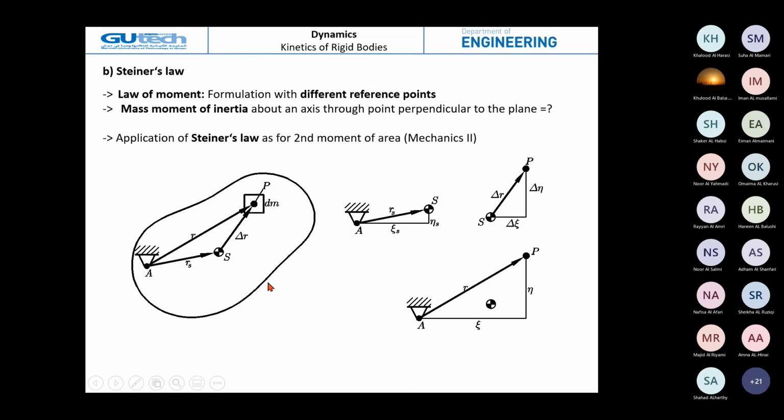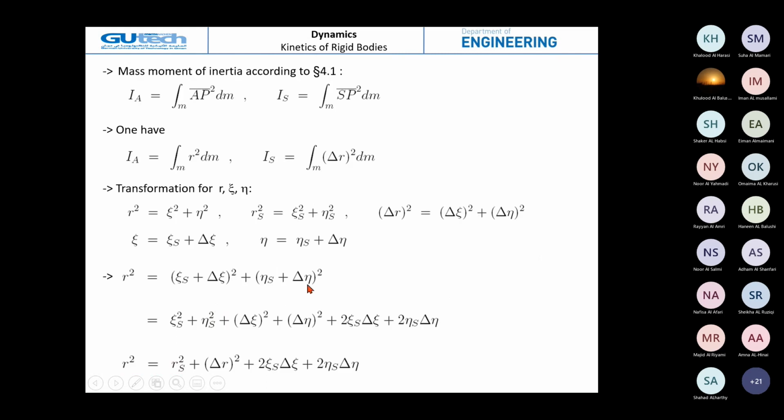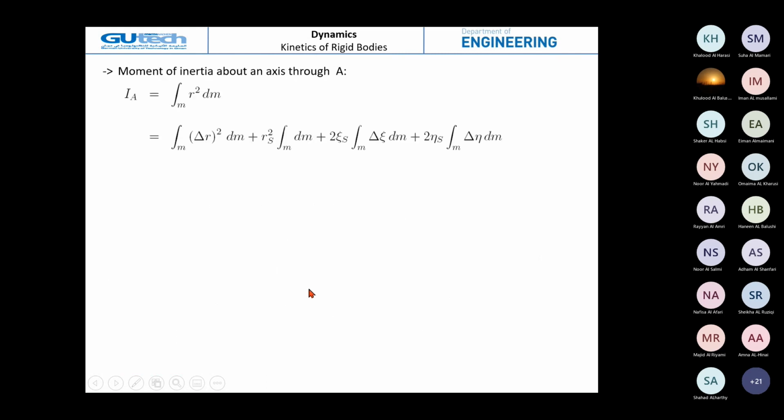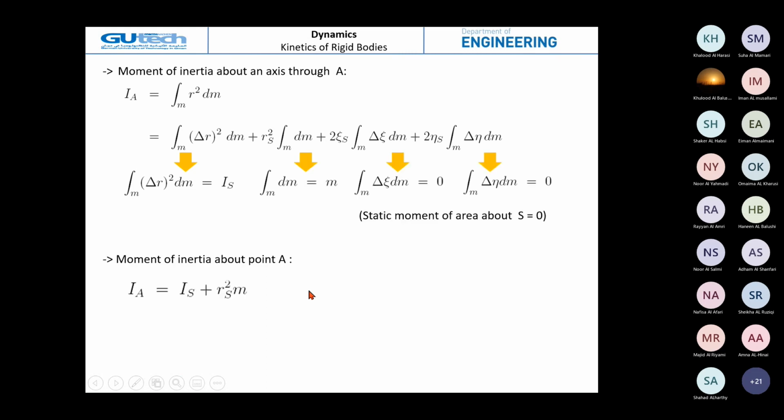This is what we call Steiner's law or Steiner's principle, and to add the term here, we have seen how to get to this. And this is what we say, the moment of inertia about any point is the moment of inertia about the center of mass plus the Steiner part, okay? And this is only a matter of geometry.